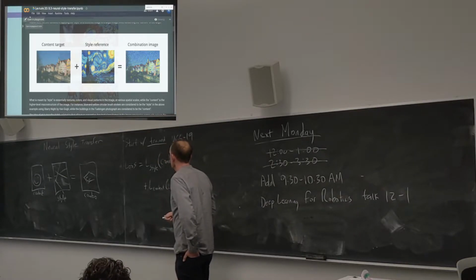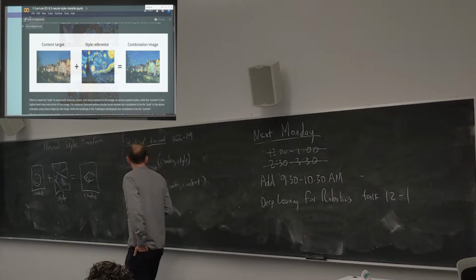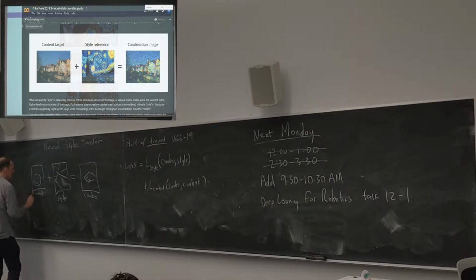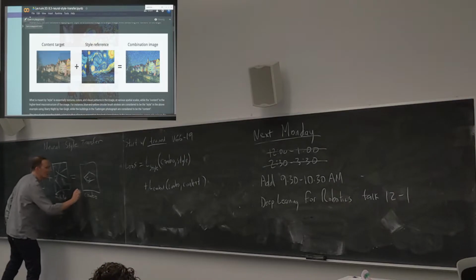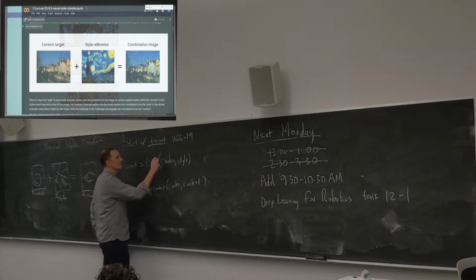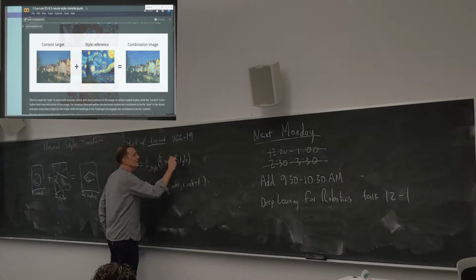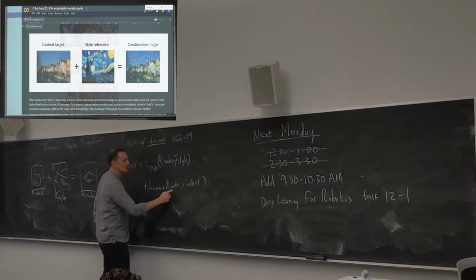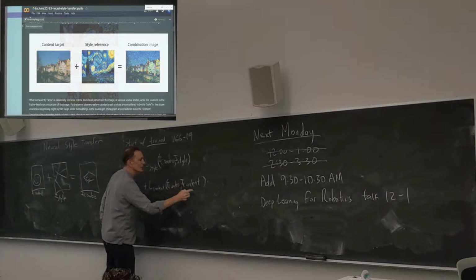Right? And I suppose maybe I'll put some I's here for image content, image style, and image combo. So this is the style loss, and this is the style image, the combo image, and the content image.